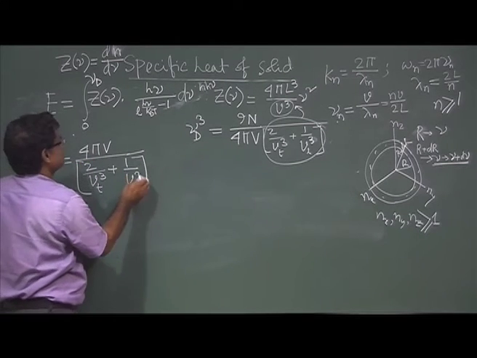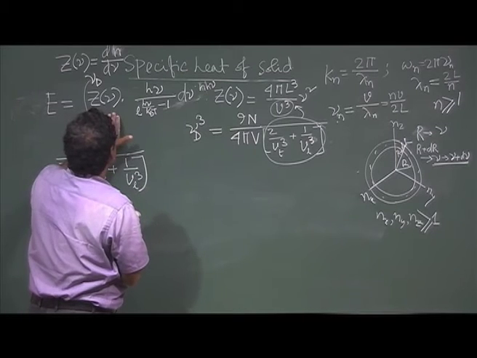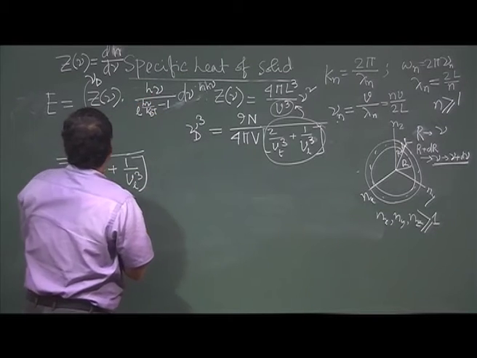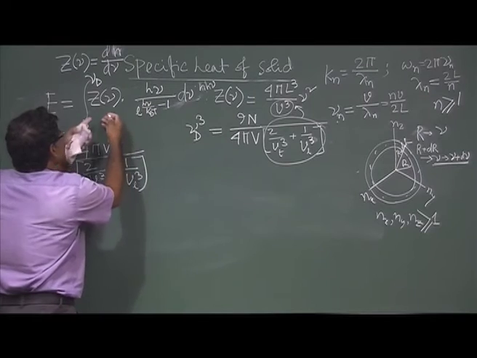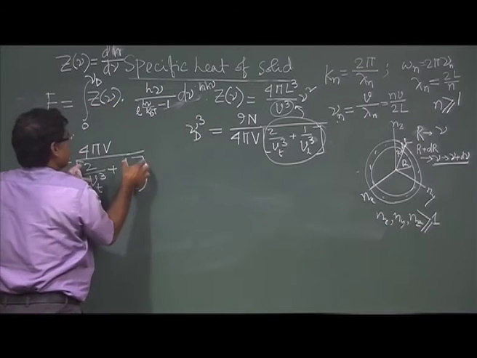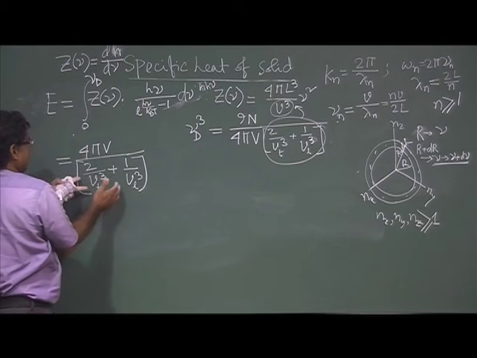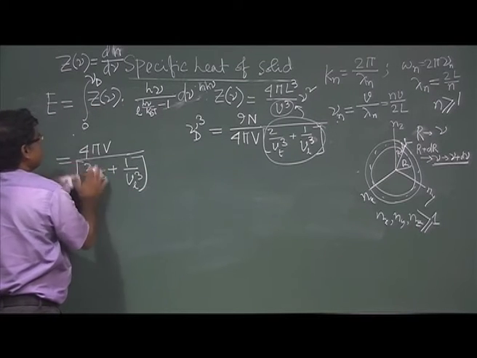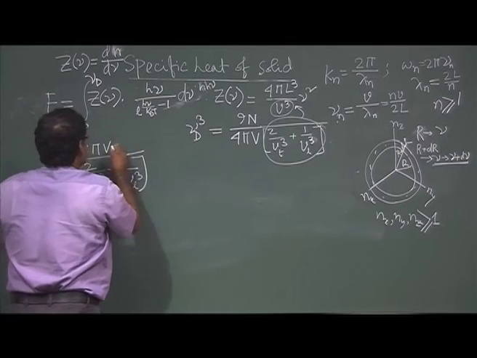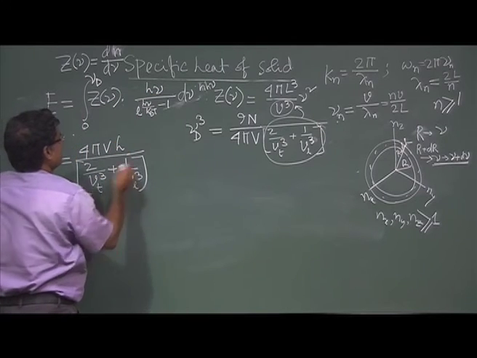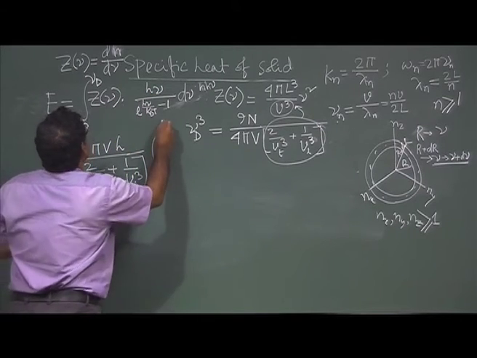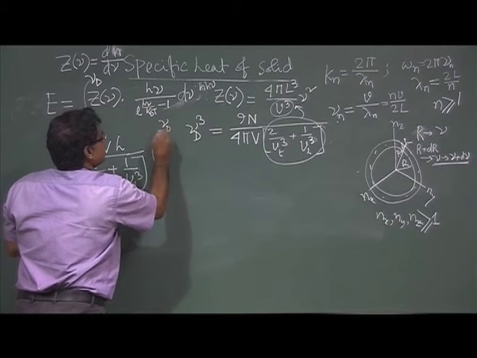Then what I have here, h also, so this I am putting here. I am taking h outside of this integral because it is independent of frequency. Then the frequency part I have to write inside.